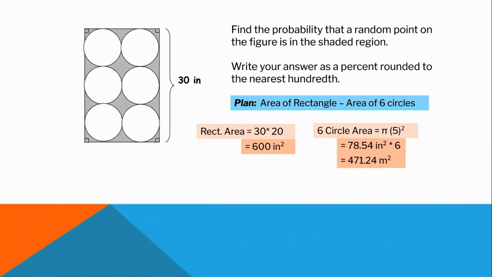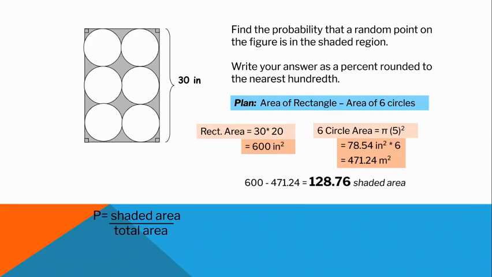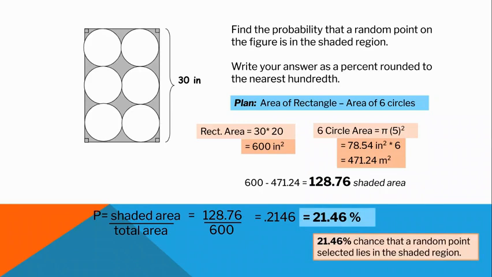So we do that subtraction. 600 minus 471.24 gives us 128.76 for our shaded area. Remember, shaded over total, 128.76 over 600. We get our decimal. We multiply our decimal times 100 to get 21.46% chance that a random point selected lies in the shaded region.